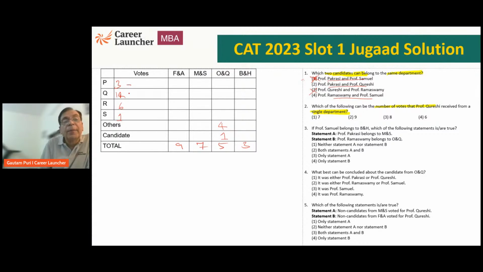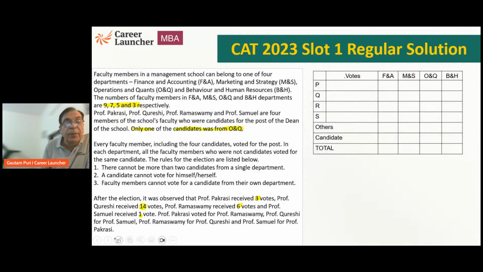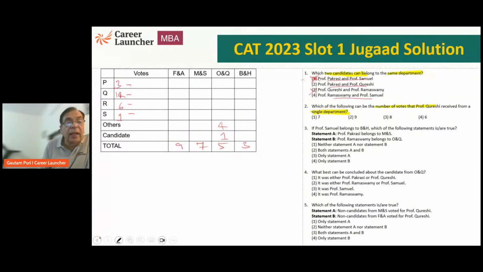Now let me remove the vote of the candidate. Who are the candidates who have voted for each of them? Professor P voted for R. Q has voted for S. R has voted for Q. And S has voted for P. So S has voted for P is the first thing I'll put.